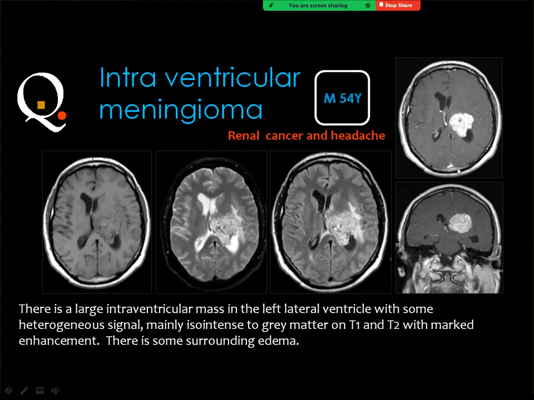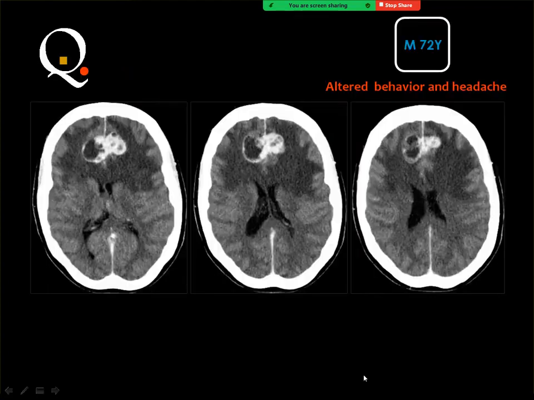But sometimes this will not fit, since many of the patients with primary malignancy may have other benign conditions, and this lesion has proved to be an intraventricular meningioma.